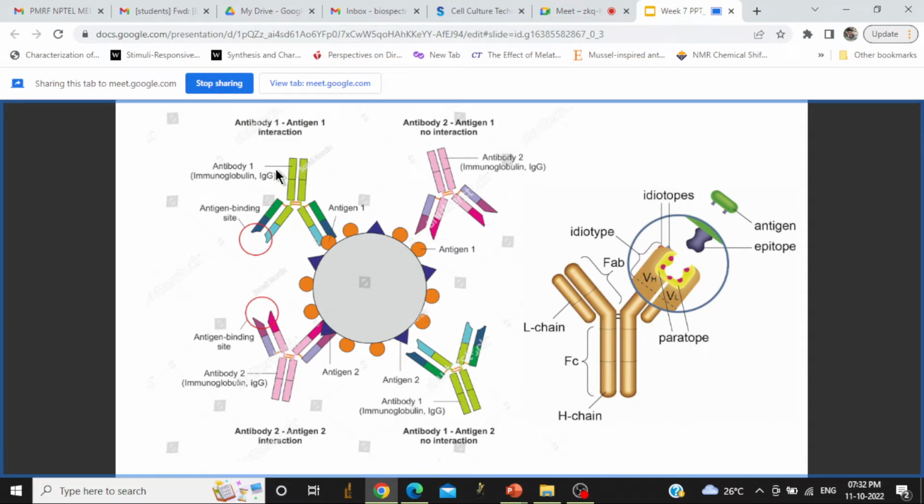So in our body, or if you want to design an antibody for this cell, for the antigen 1 there will be some specific antibody. The antibody here is given as antibody 1. If this specific antibody is provided in this medium, this antibody 1 will bind to the antigen 1. So the antigen antibody reaction occurs, and it will bind to this.